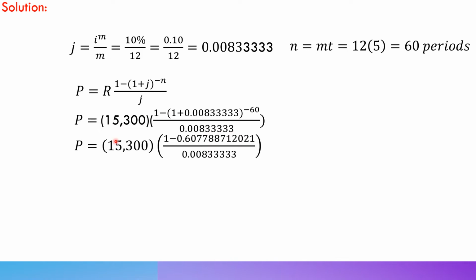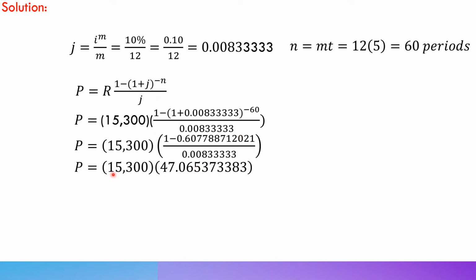So 1 plus 0.008333 raised to the negative 60 is equal to 0.607788712021. And then we subtract this one, and then divide.